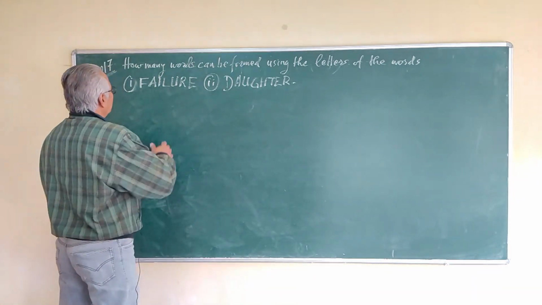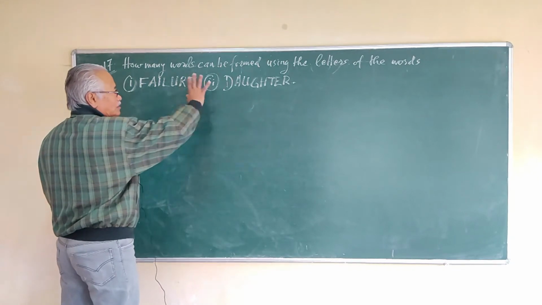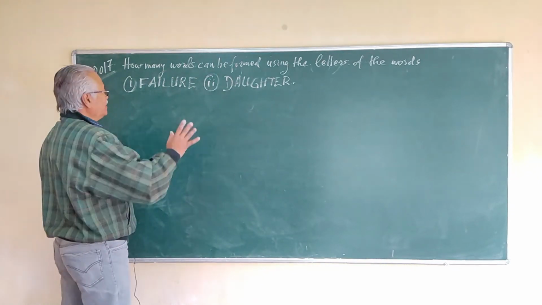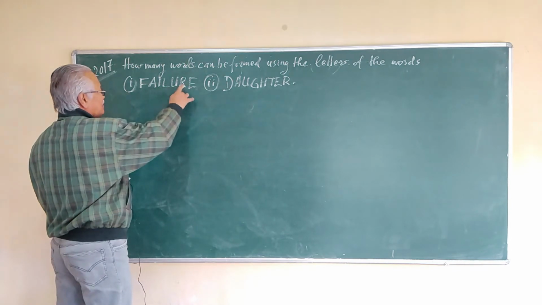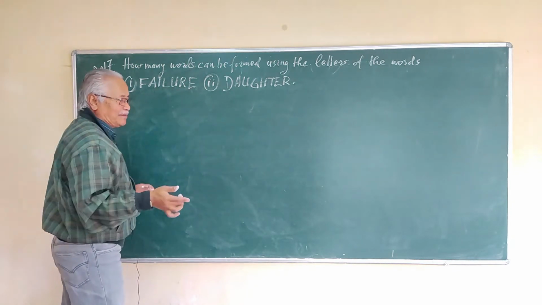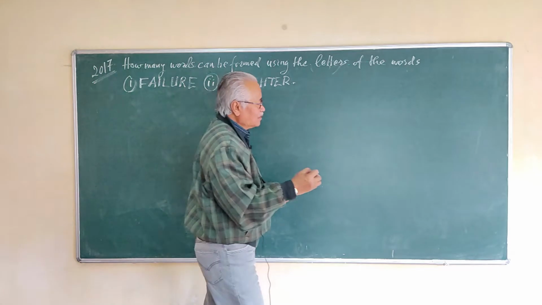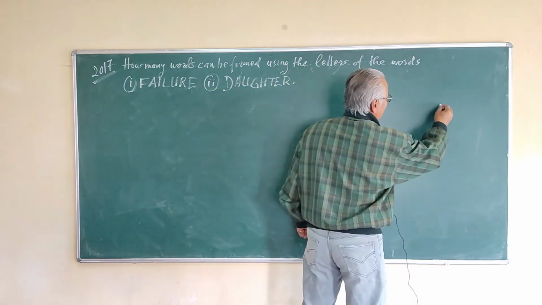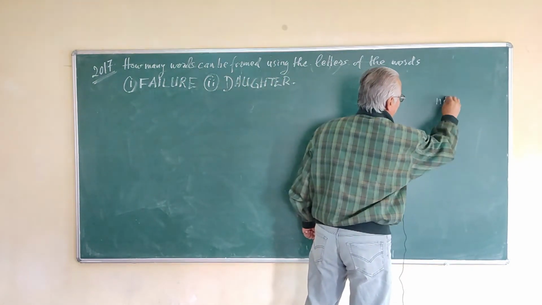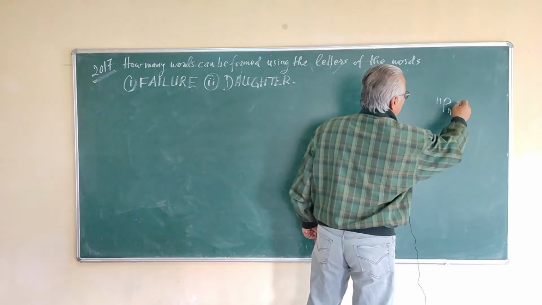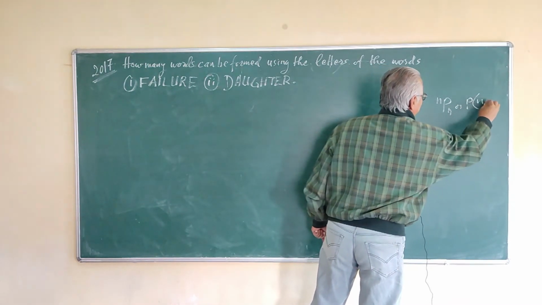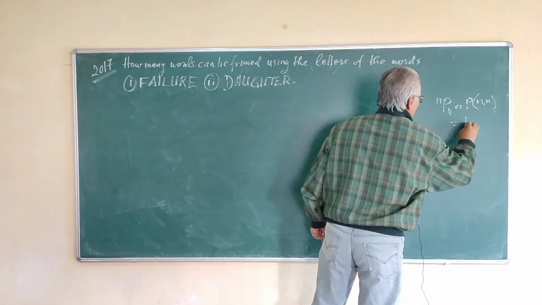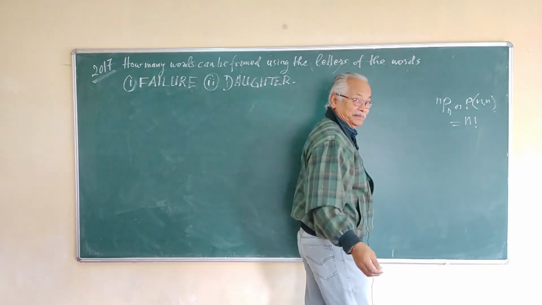So if the question is only like this, then your answer would be what? 1, 2, 3, 4, 5, 6, 7. It will be 7P7. And we have already seen in our last class that nPn is always equal to n factorial.